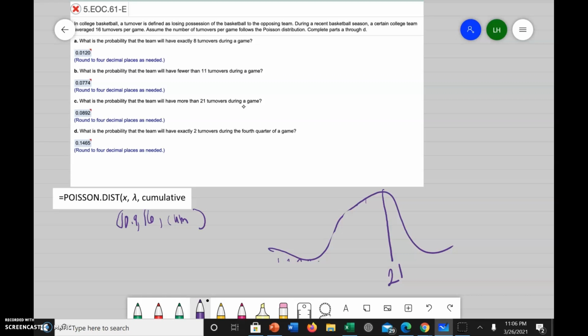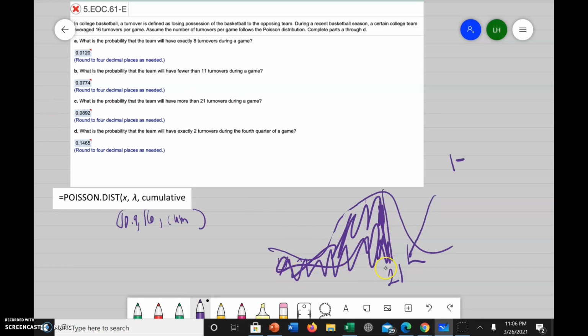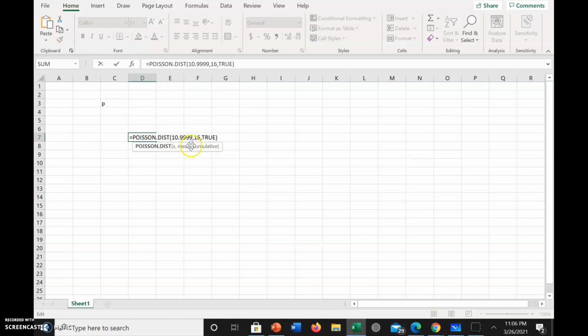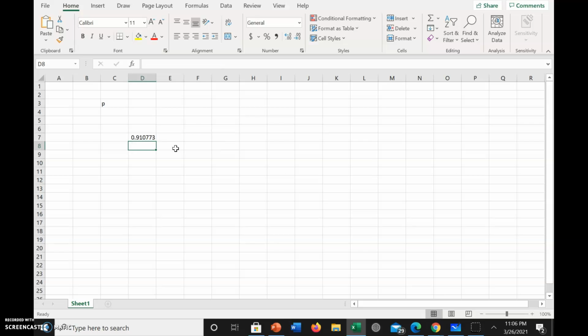So what we can do is we can do up to 21, and then we need anything more than 21, so we can just use the complement rule and say 1 minus the probability up to 21. Because probability adds up to 1, we subtract out what we don't need.